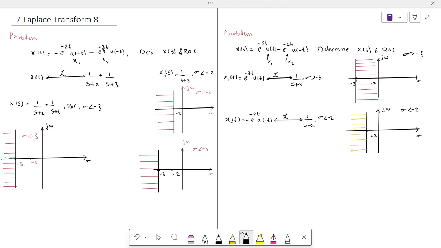The common region of convergence for -3 to -2 is the common one. So we can write this x of t. The Laplace transform, x of s, equals 1 by s plus 3 plus 1 by s plus 2. So the region of convergence for these, first.